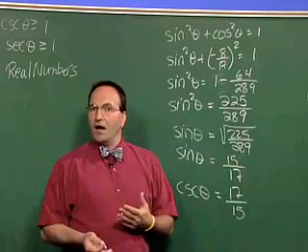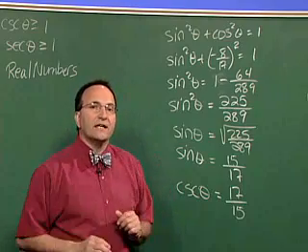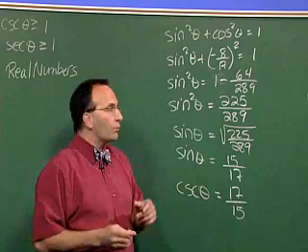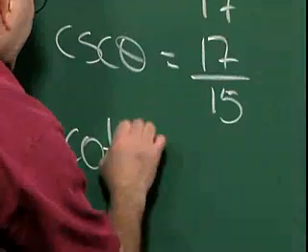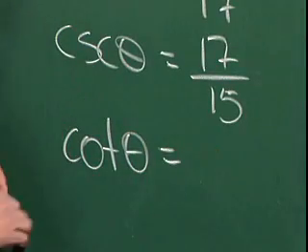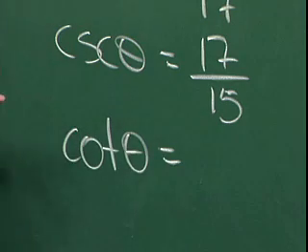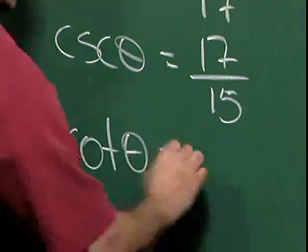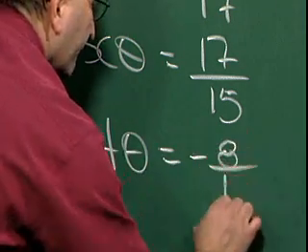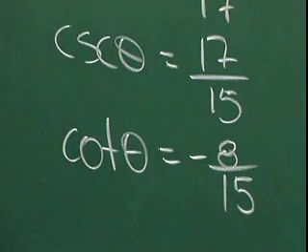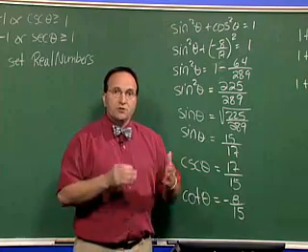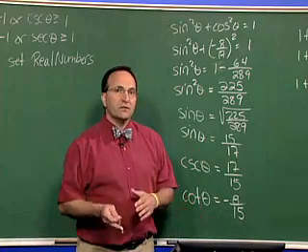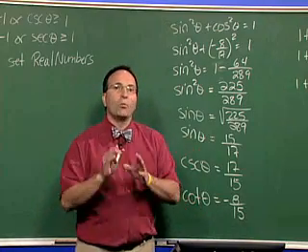And to finish it off, we just need to find cotan theta, which we remember we were given tan theta at the very beginning. So cotan theta is equal to the reciprocal, or in other words, negative 8/15. So we just found the 6 trigonometric functions using Pythagorean identities and reciprocal identities, from knowing just one of them.